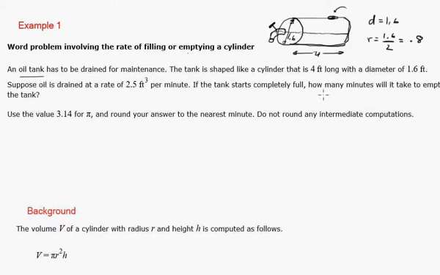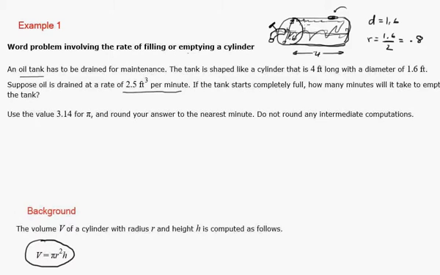Suppose oil is drained at this rate per minute. We'll come back to that question. If the tank was completely full, here's what we do. We use this formula to find the volume.